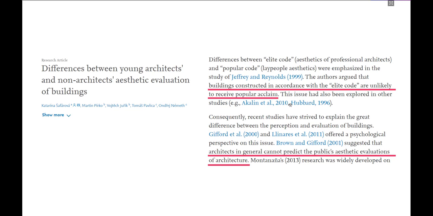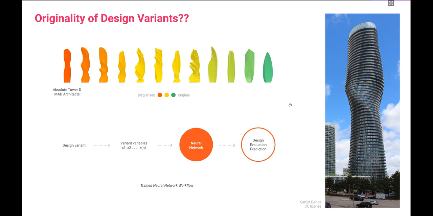And we also ran into another conclusion which said that architects in general cannot predict the public's aesthetic evaluations of architecture, which is not surprising, I would say, because we know that in a lot of cases, architects tend to like brutalist architecture, exposed concrete, whereas in many of those cases, people around that area do not tend to like those designs, right?